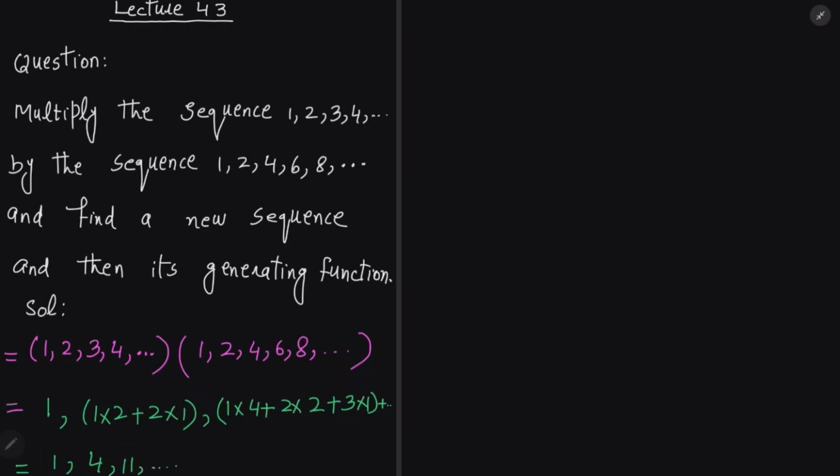The second answer that we want to get is to find the generating function for the resultant sequence. We know that this sequence 1, 2, 3, 4 has the generating function 1 over (1 minus x) squared. If you don't know how this has been written, you can simply expand the right hand side.